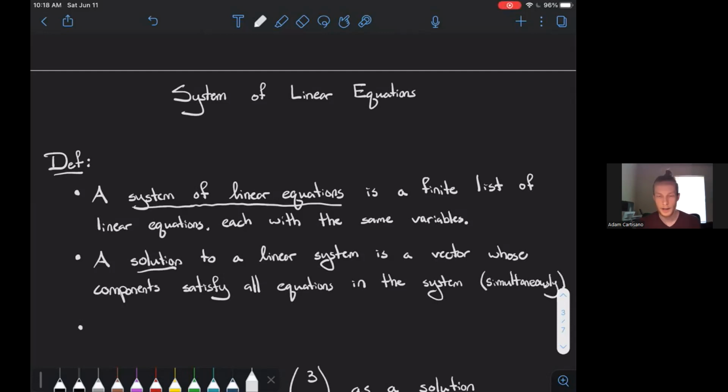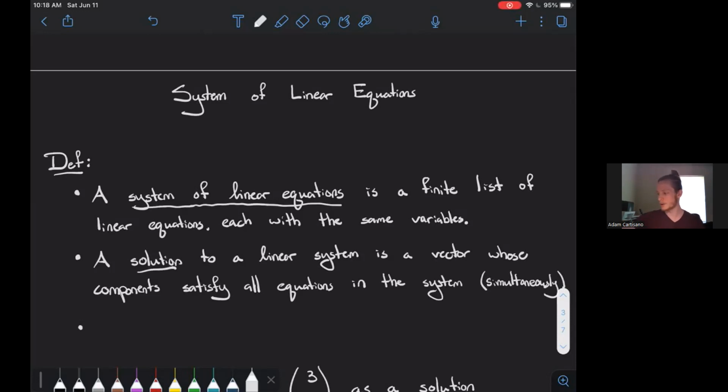In other words, if I had a linear system with two equations in it, I can't just pull a vector whose components satisfy one of the equations and another vector whose components satisfy another equation, and call that pair of vectors a solution. No, nothing like that. We need one vector that satisfies all of the equations at the same time. Only then does it deserve the name solution to the system of linear equations.